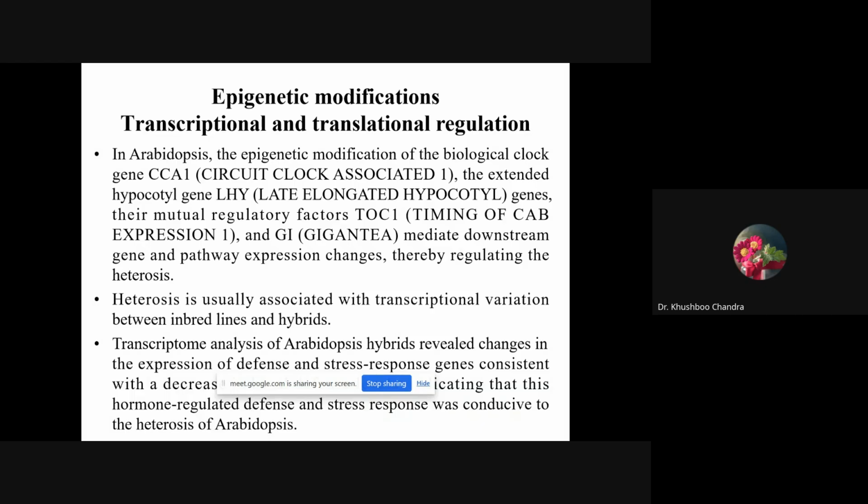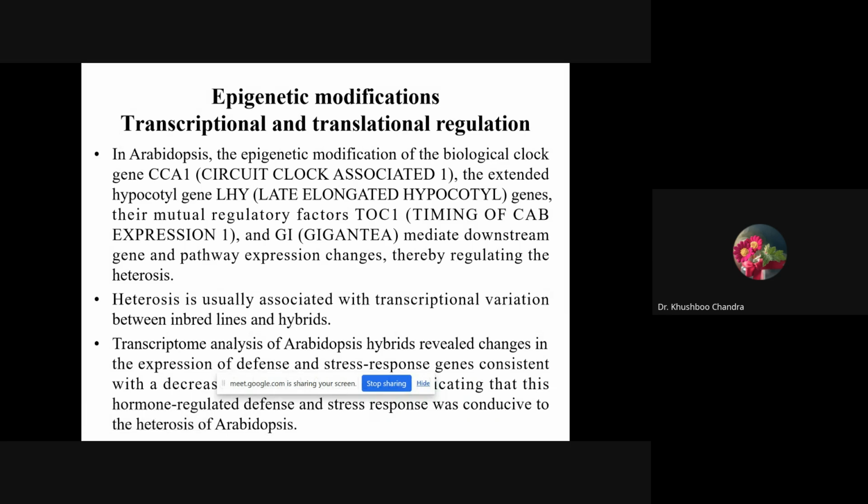This study was first carried out in Arabidopsis, which showed the genetic regulation by clock genes that contribute toward heterosis. This has been confirmed from there. Then transcriptomic changes in hybrids often enhance stress tolerance and growth, explaining hybrid vigor. So this was first identified and studied in Arabidopsis.